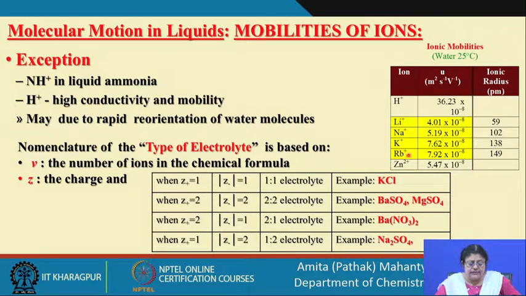These are two examples. And if you have a 2,1 electrolyte, the cation is 2 and the anion is 1, like barium chloride. And when you have sodium sulphate, the cation has Z equal to 1 and the anion is 2, so this type of electrolyte is considered a 1,2 electrolyte. Okay.